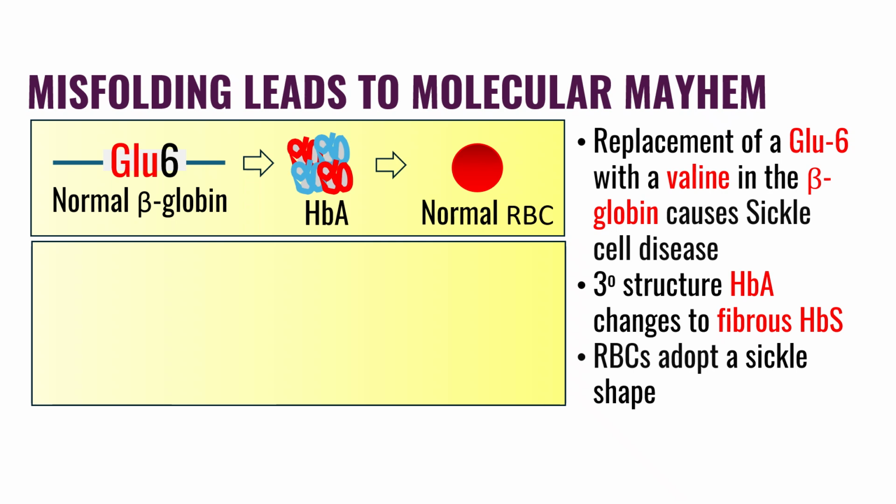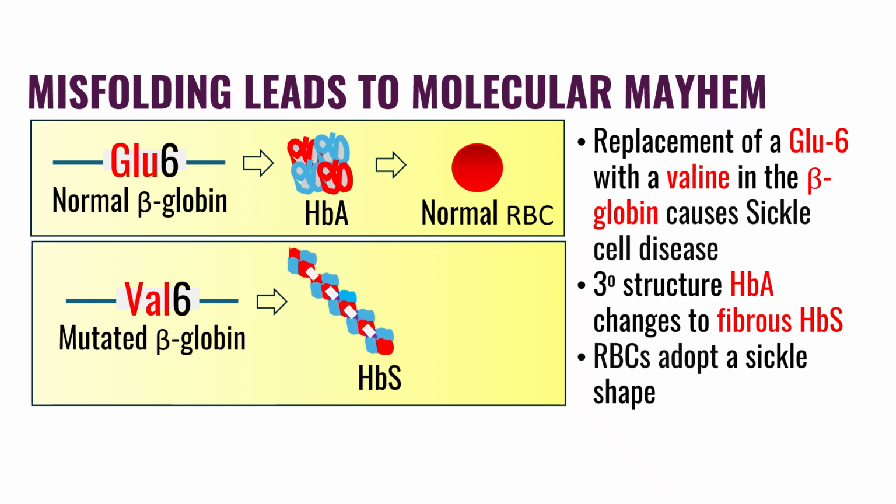However, in sickle cell disease this glutamate is replaced by valine 6 and this causes formation of hemoglobin S or sickle cell hemoglobin, which acquires a fibrous structure, distorting the overall structure of RBCs, which resemble a sickle shape.